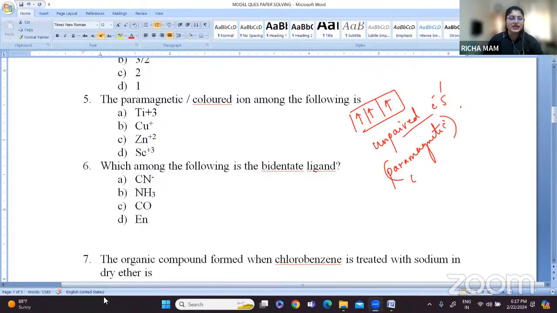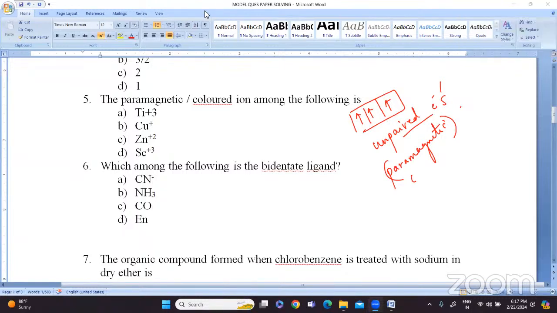Which is the answer? The answer is A, titanium plus 3. What is the atomic number of titanium, students?